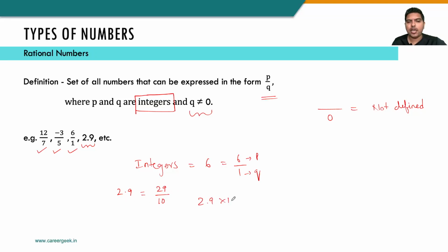We can multiply and divide this 2.9 by 10 and get the numerator 29 and denominator 10. We'll see this in detail in a later part. So remember, any number P by Q or even the decimals can be converted into P by Q form. They are rational numbers. This is the first definition.